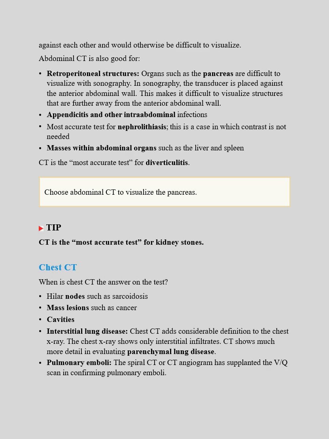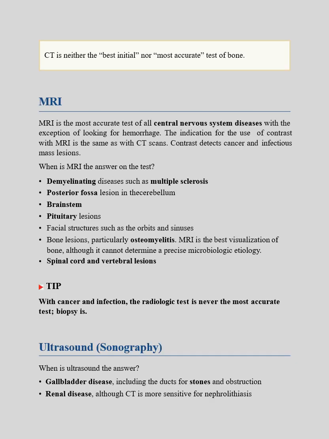Pulmonary emboli are evaluated by spiral CT or CT angiogram, which is supplemental to the VQ scan to confirm pulmonary embolism. Let's go to the next slide, which is slide number 7.